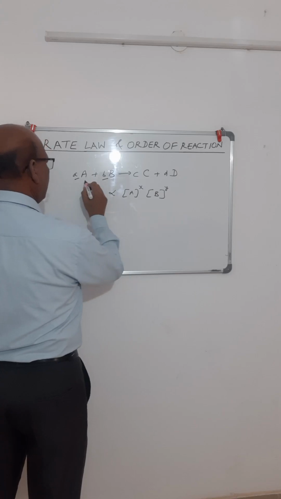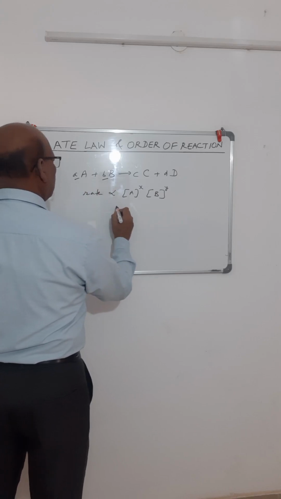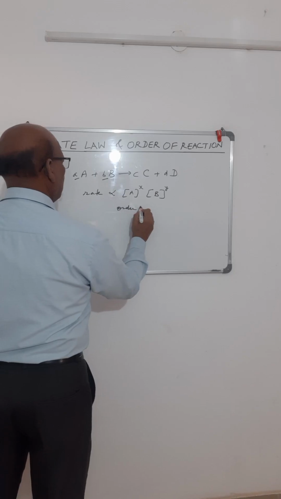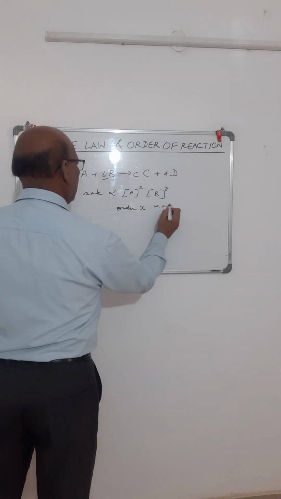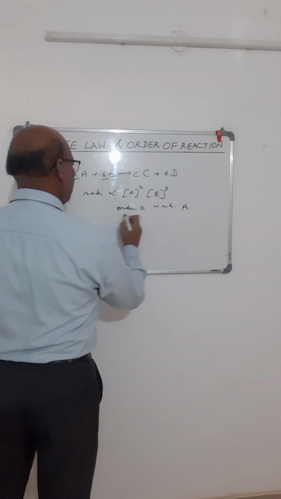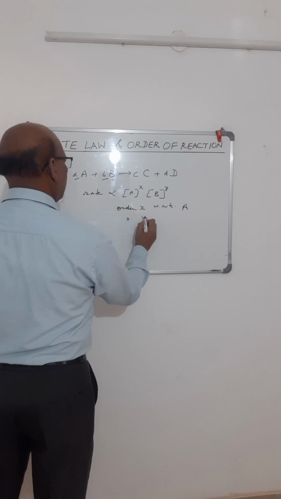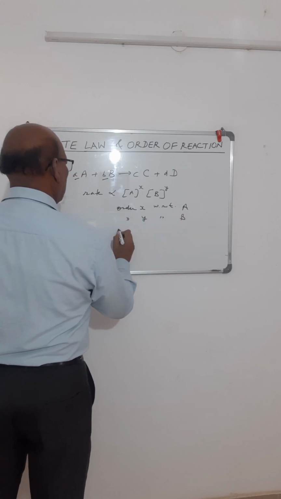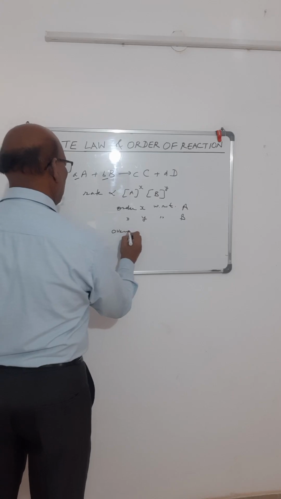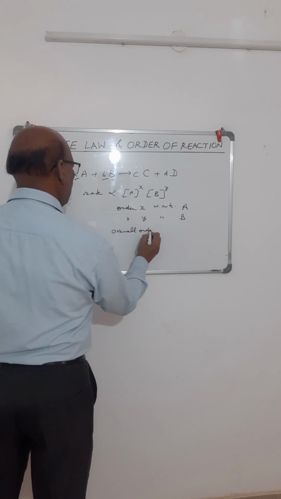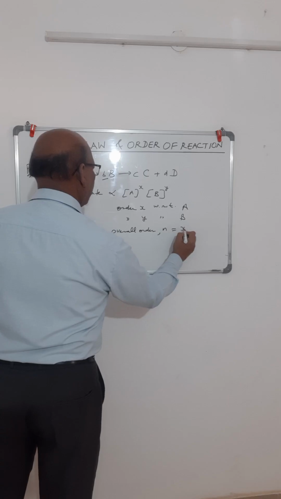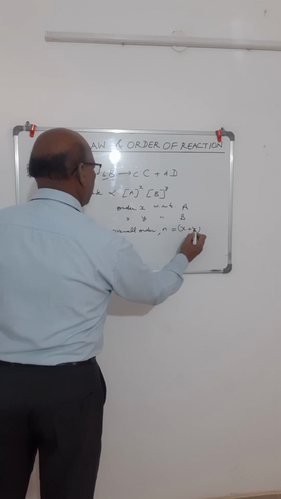So we can say that this reaction is having order x with respect to reactant A and order y with respect to B, and the overall order of the reaction say n is equal to x plus y.